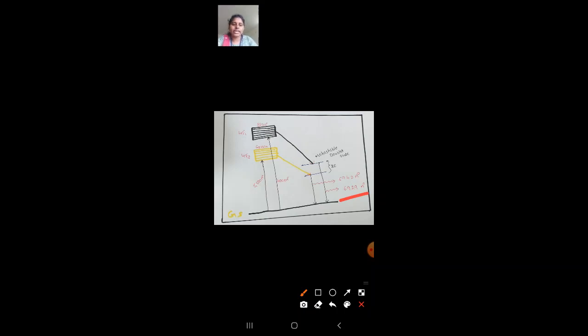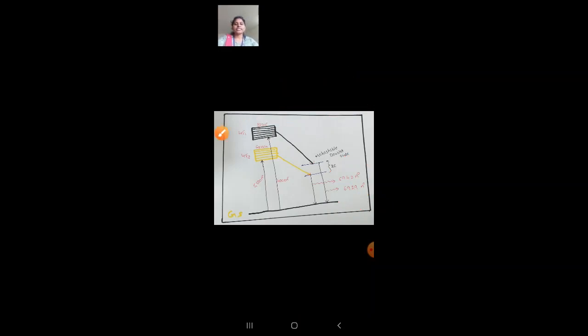So finally, 6900 and 6900, so the average is 6900 angstroms that they emit. Here 6900 angstroms is the wavelength of the red color, that means ruby color. So this is known as the ruby laser.